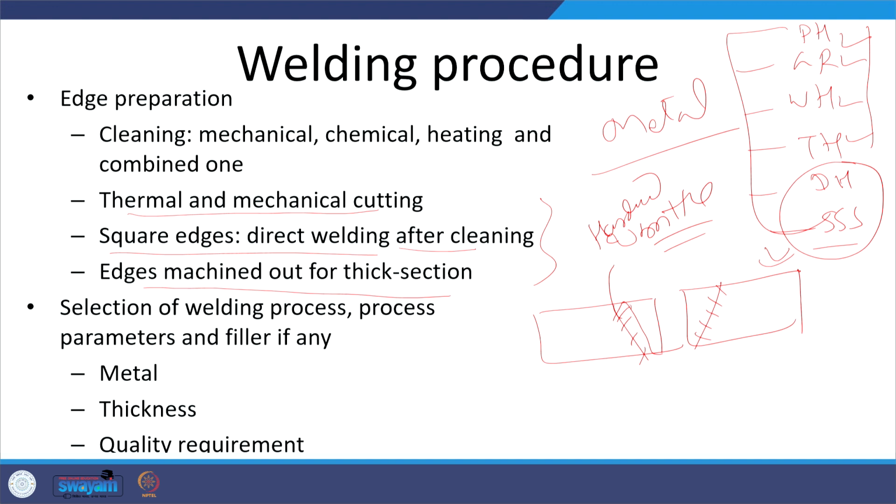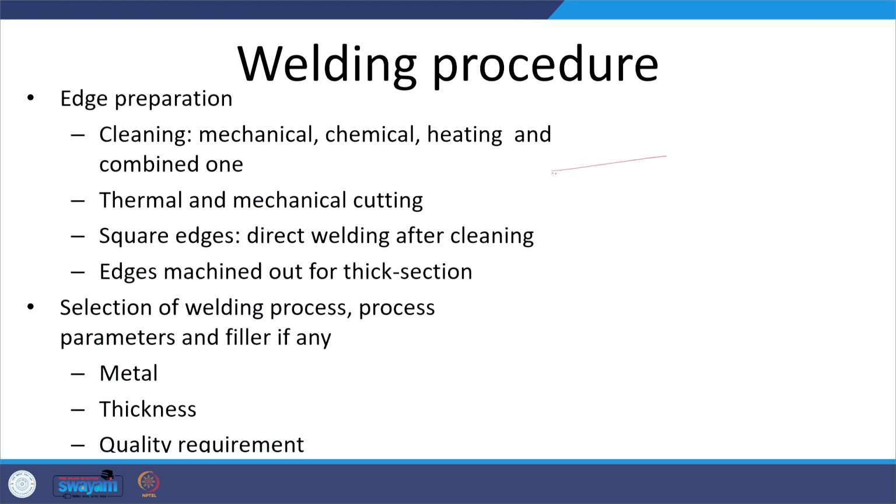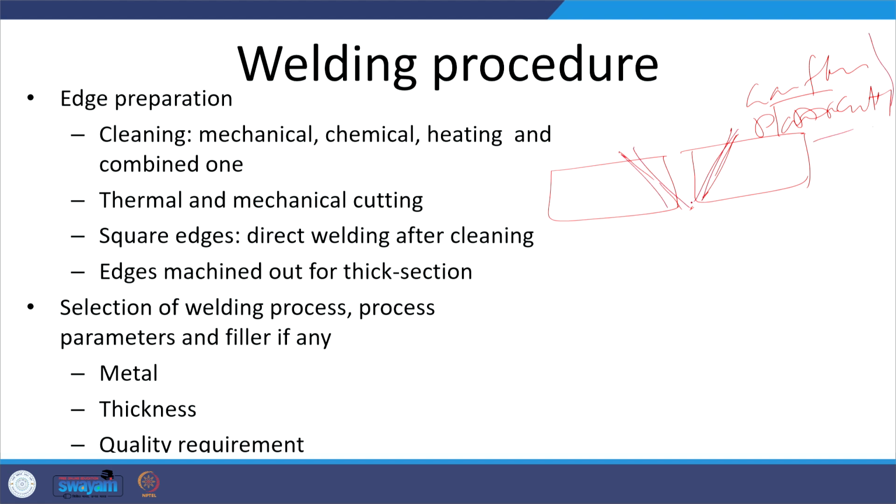Okay. So, if the metal is such that thermal cutting is applied, like the gas flame, which is one of the most common methods, we can also use plasma cutting or flame cutting; both can be used. Whenever thermal cutting methods are used, they tend to thermally degrade the metals in terms of microstructure and mechanical properties.